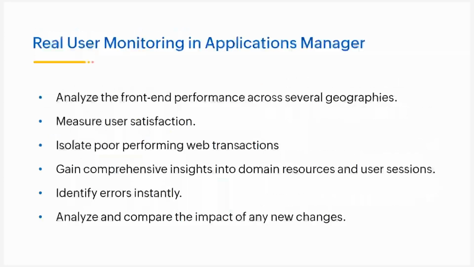So real user monitoring in Applications Manager helps you to analyze complete front end performance across various geographies, internet service providers, browsers, and devices, allowing you to proactively assess how these factors impact website performance and ensure a smooth digital experience. Further, you can measure end user satisfaction, identify poor performing web transactions, and understand user satisfaction levels through Apdex scores.